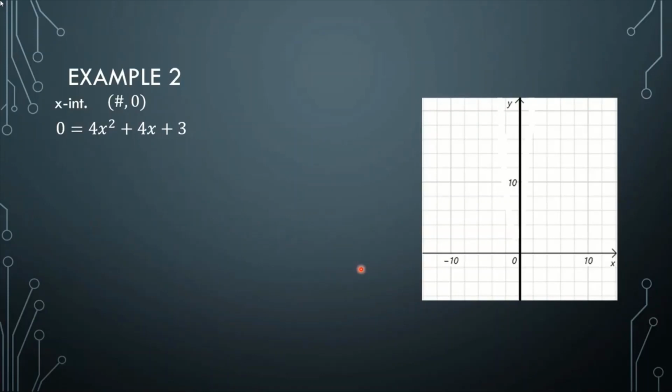This is where you're going to use either the quadratic formula, solve by factoring, any of those other methods that we looked at in the previous units. So we're going to use the discriminant first. And this will determine the number of x-intercepts, because you can have 0 x-intercepts, 1 x-intercept, or 2 x-intercepts.